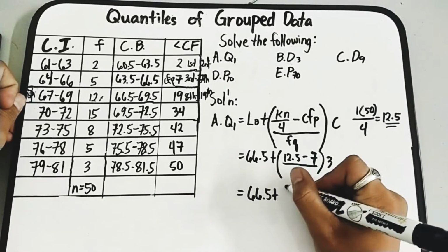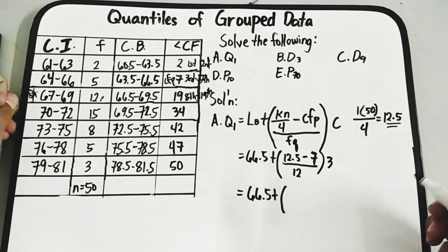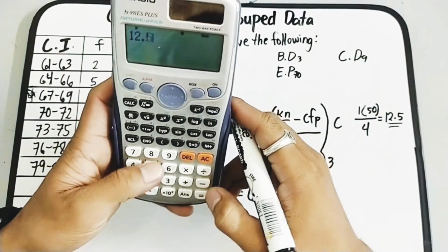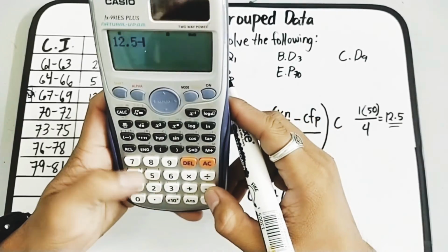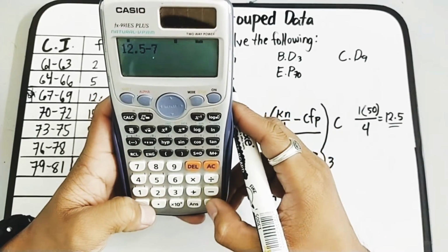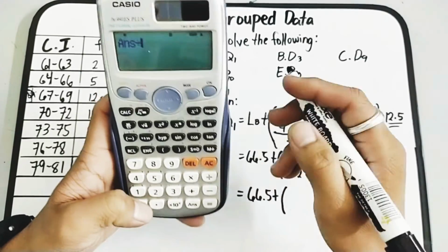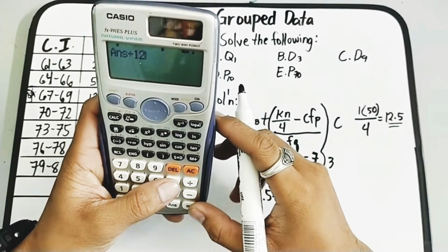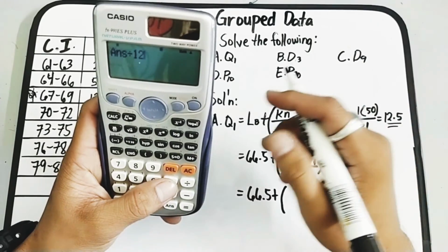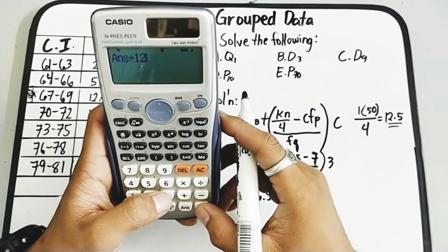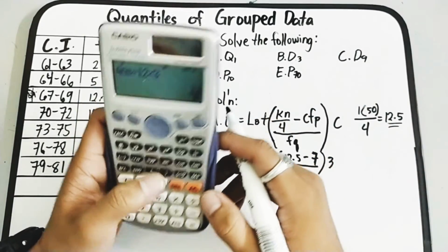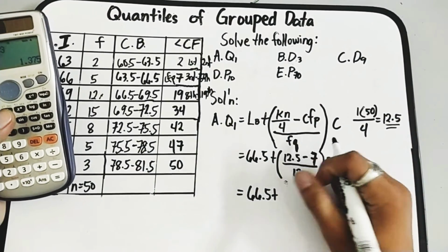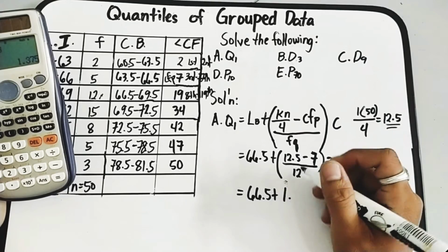plus 12.5 minus 7, okay, divide it by 12 times 3. Sige, times 3. Ayan. Therefore, 1.375.